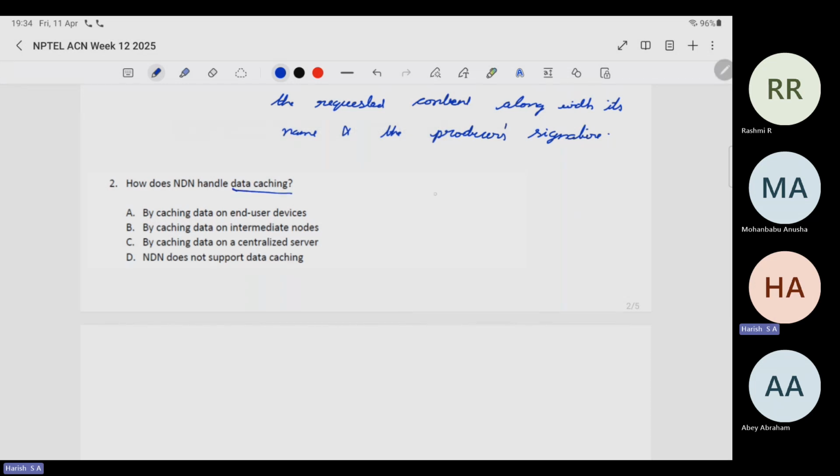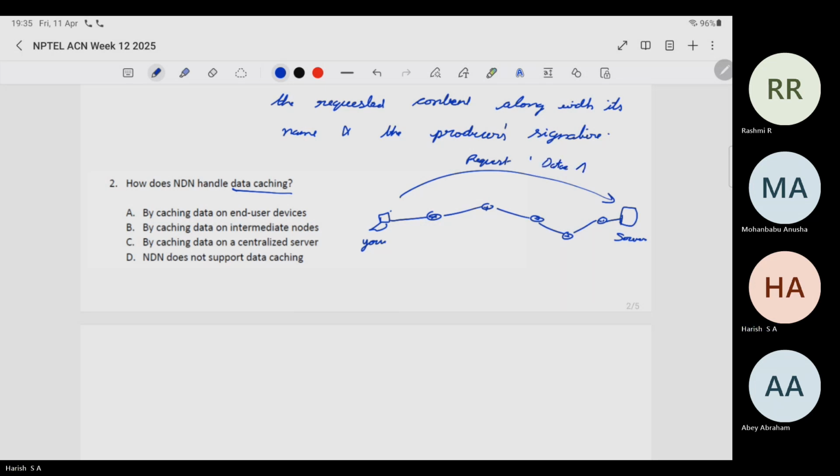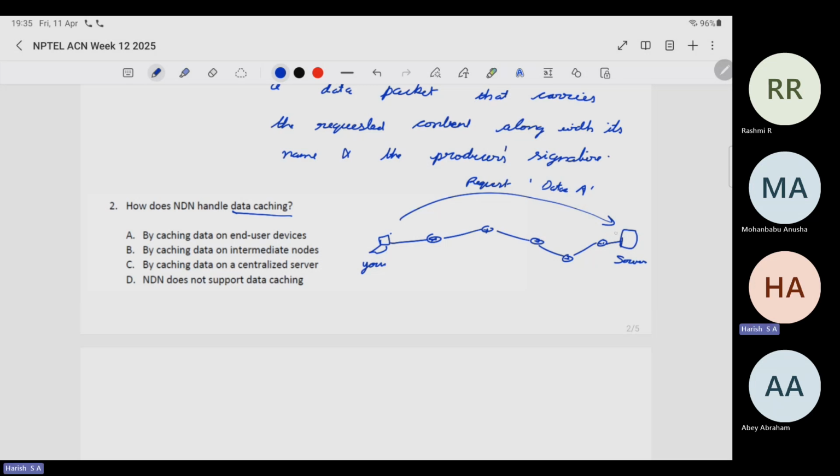Let's say you're the computer, and you are requesting something from the server, let's say data A. While this data A is on the way, there are chances that some middle boxes can cache the data A. So the next time you request, you'll get the answer right from there.